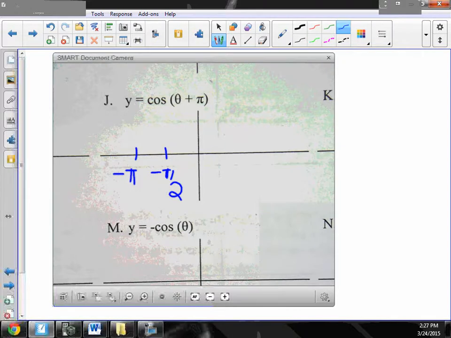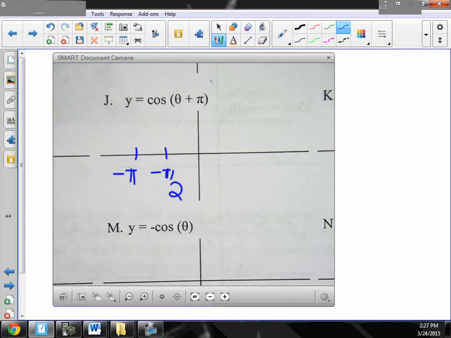But critical point is actually a calculus term. Critical points are either maximums, minimums, or what we call inflection points. And I'll show you what an inflection point is in just a second. So my next critical point would be 0, and then pi over 2, and pi.